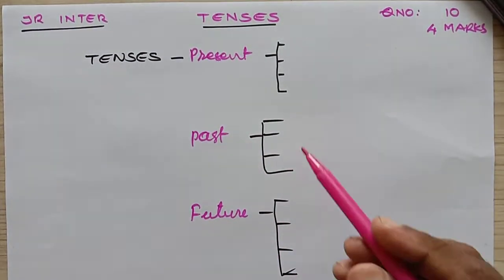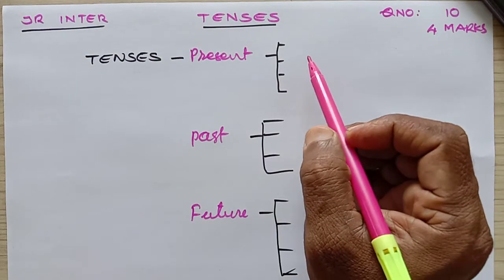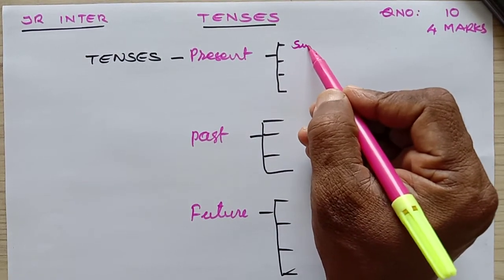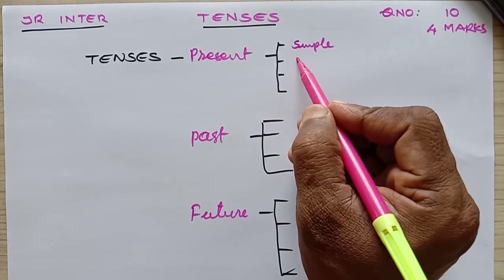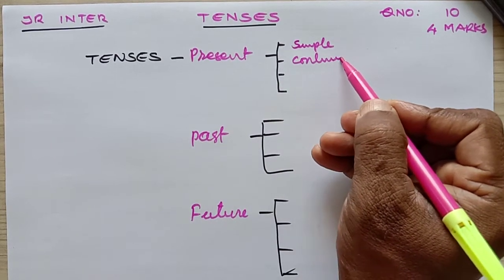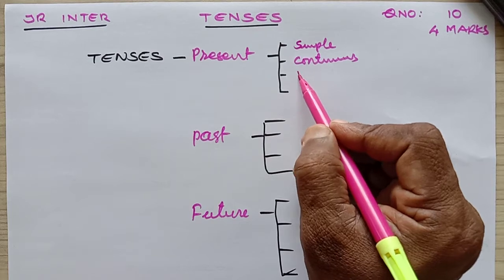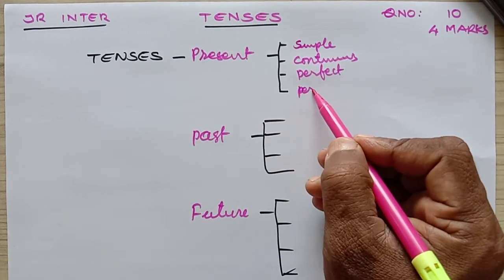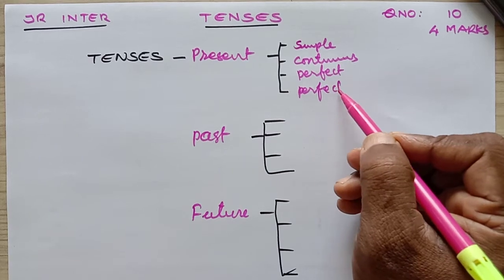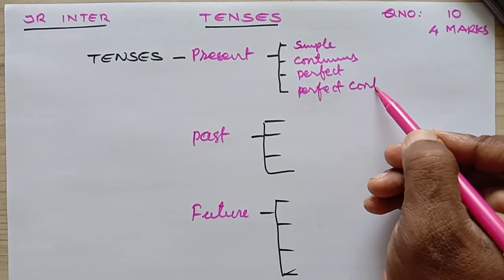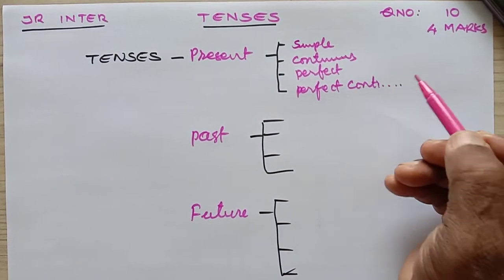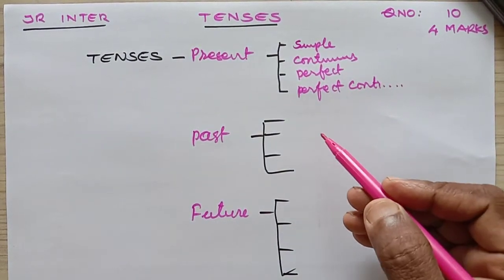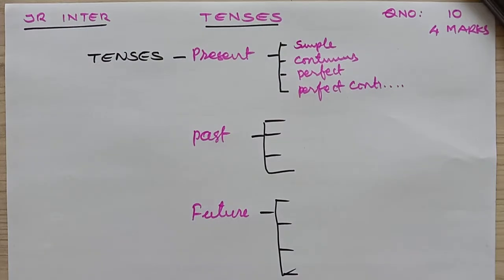In every tense we again have 4 subdivisions: the simple, the continuous, perfect, and perfect continuous tense. This division is meant for all the 3 tenses.